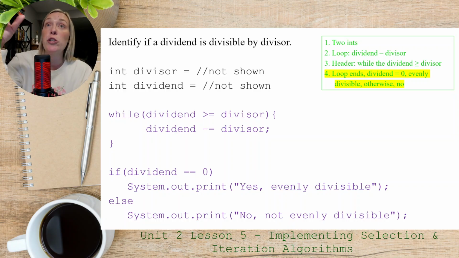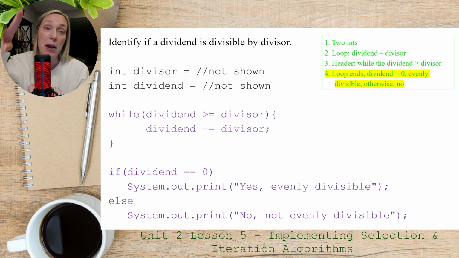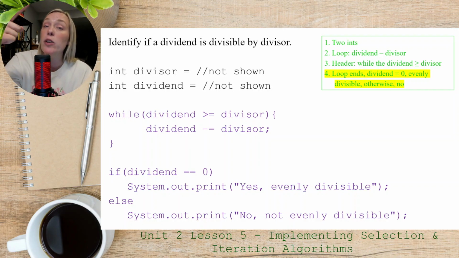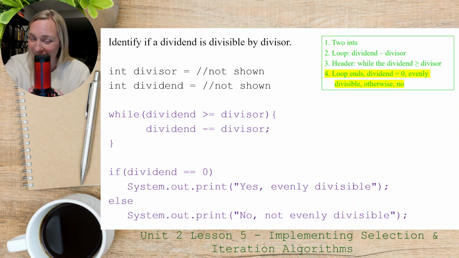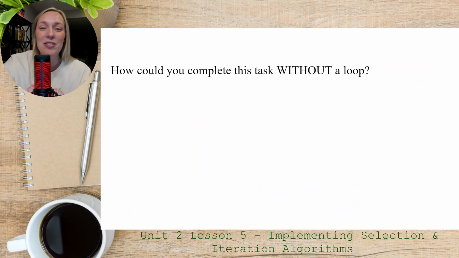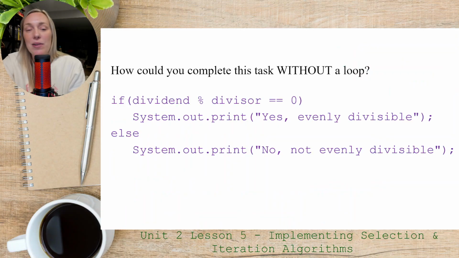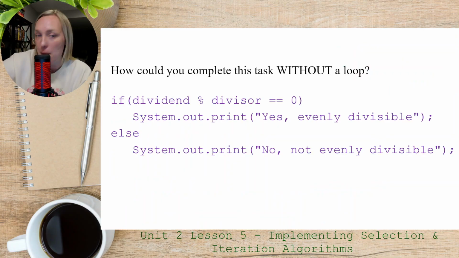So when you write out your algorithm, you have to see where your questions are and what you are repeating. Here, I just had one question at the very end, so it was outside my loop. What I'm repeating went inside my loop. So here's the algorithm for it. Now, of course, we can complete this task without a loop because we have the mod operator, right?